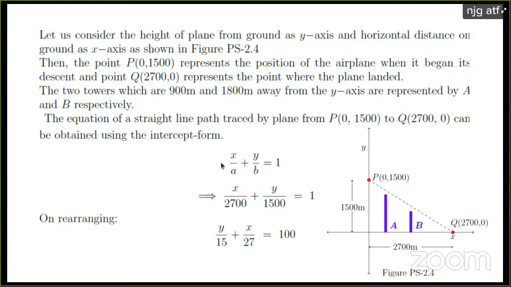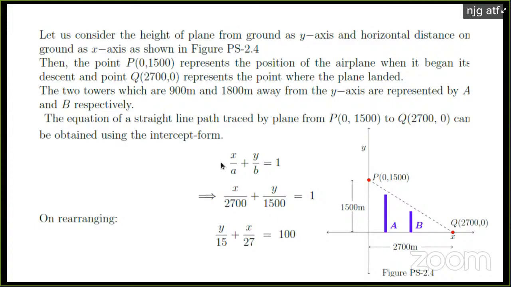When it lands on the ground, at a horizontal distance of 2700 meters, that means from the origin to the point Q, it is 2700. So my coordinate of Q becomes 2700 comma 0. So I know my x-intercept is 2700 meters and my y-intercept is 1500 meters for the line PQ, right? That is the trajectory of the plane basically.